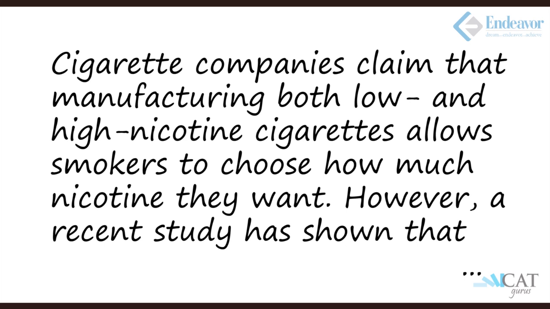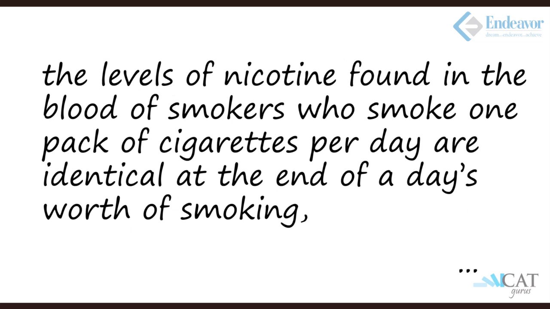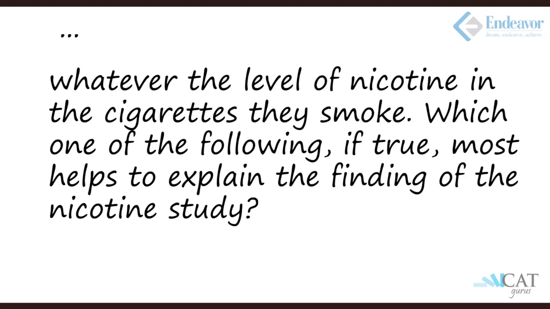Cigarette companies claim that manufacturing both low and high nicotine cigarettes allows smokers to choose how much nicotine they want. However, a recent study has shown that the levels of nicotine found in the blood of smokers who smoke 1 pack of cigarettes per day are identical at the end of a day's worth of smoking, whatever the level of nicotine in the cigarettes they smoke.